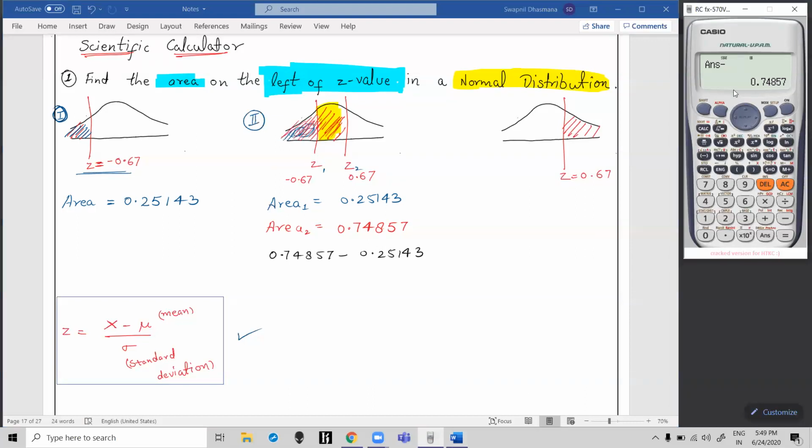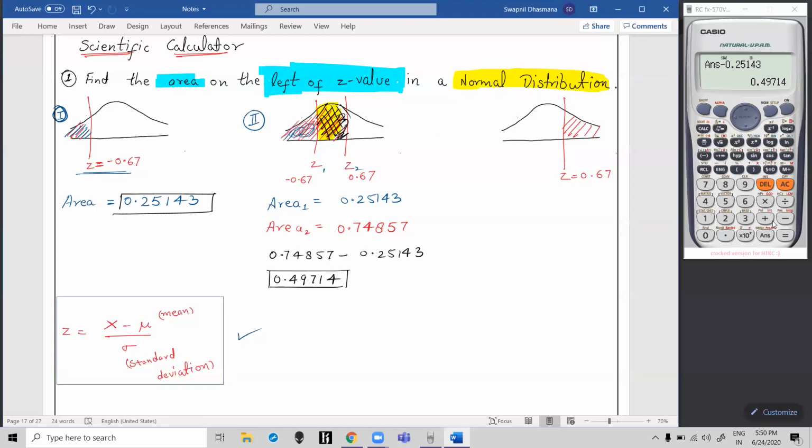On the calculator, I can just do minus 0.25143. When I do that, I get the answer, which is 0.49714. Please remember, these values are the outputs and they are area. So this area is what I'm talking about, and I was able to find it by using just the left hand side.